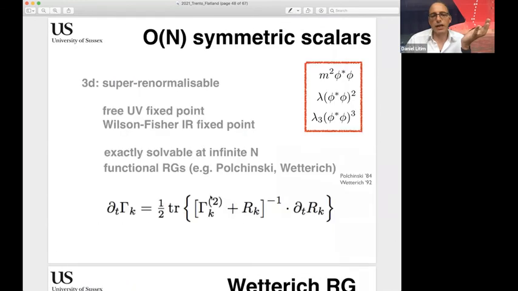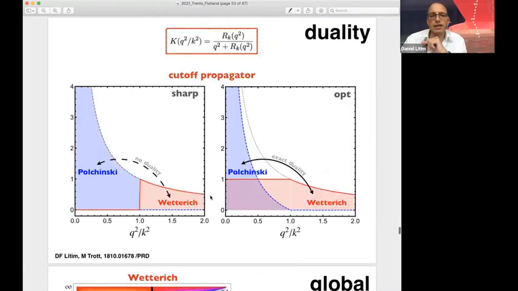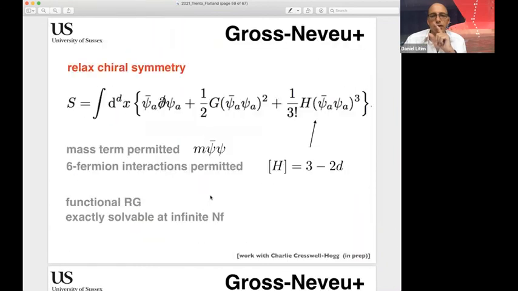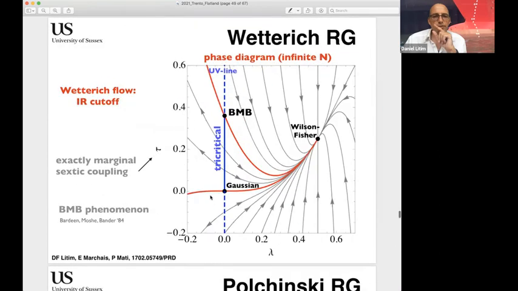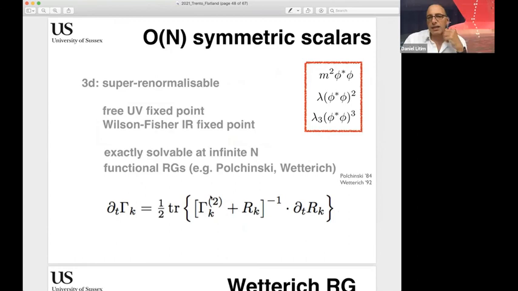you start with this equation, and solving this in closed form is a nightmare. But if we take large n, then you can guarantee that, say the action we start with, which is just the standard kinetic term but a general potential, that this is a closed set of equations. So this functional RG equation is rigorously solved.